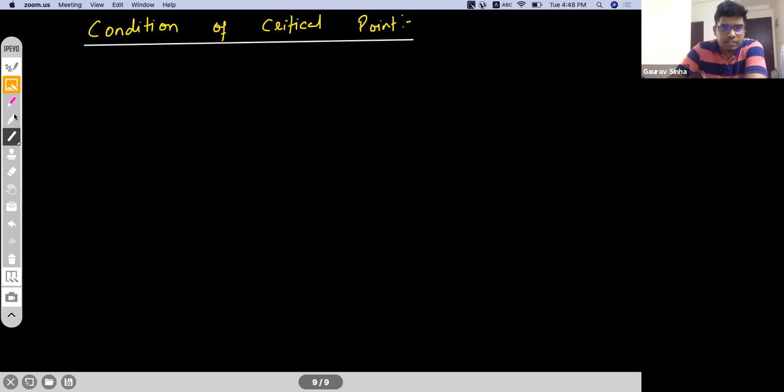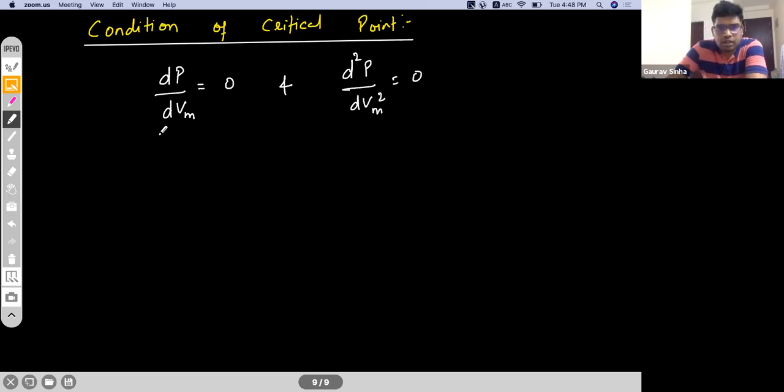Many times they have asked this question. The first condition we can write is dP by dVm equals 0, and hence we can also write the double derivative, d2P by dVm square, is also equal to 0. So this is the condition of critical point.